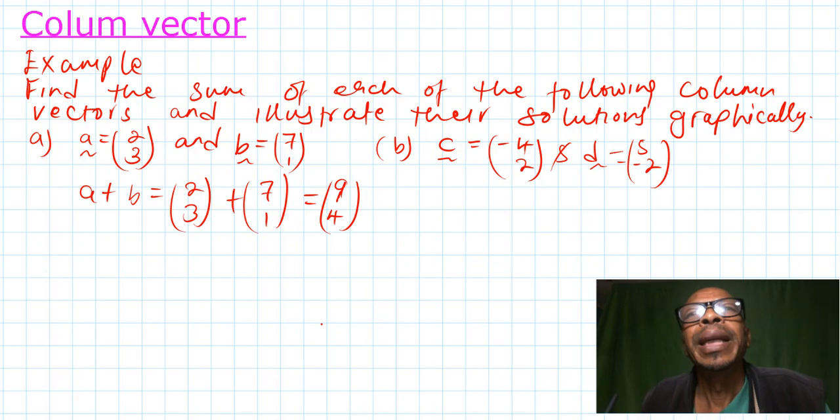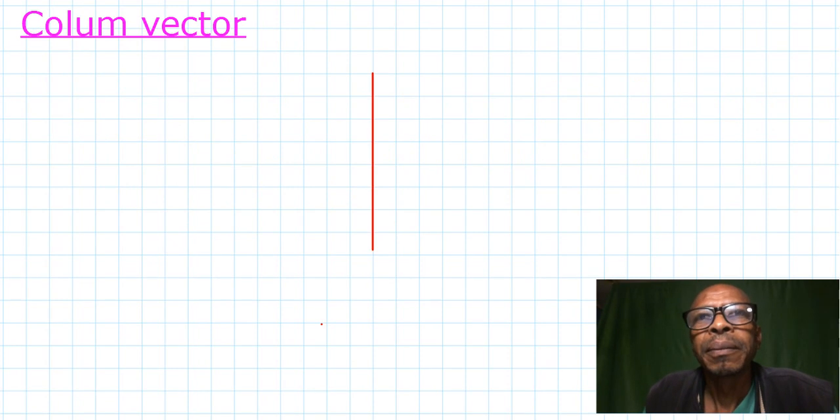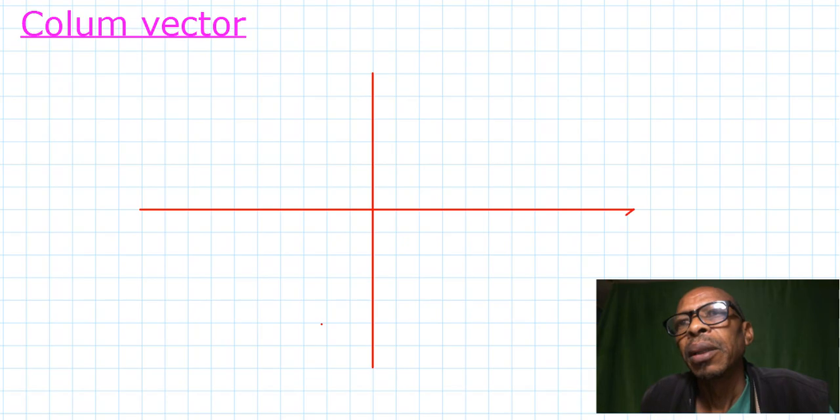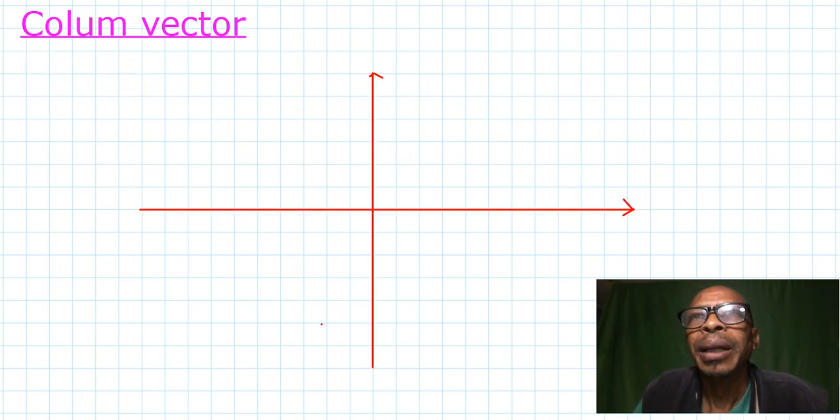We can illustrate this graphically. Let's draw the Cartesian plane. So this is our Cartesian plane. We have our x going up to 9, and y the highest value.